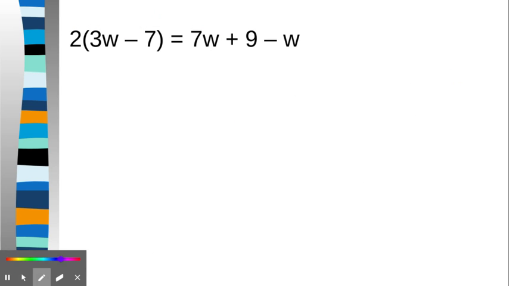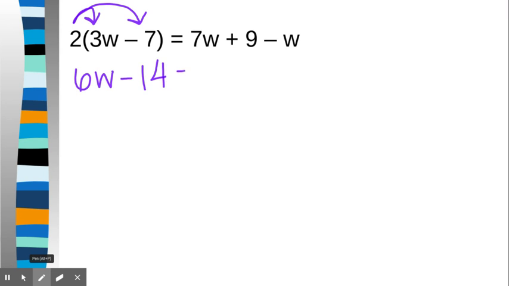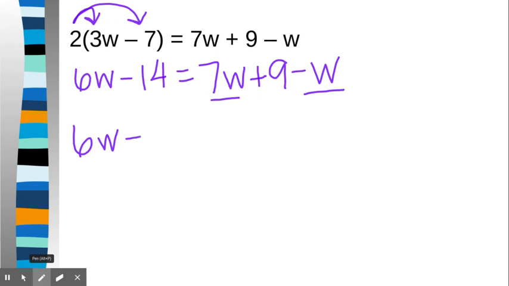Okay, again, I'm going to distribute the 2 to start. We get 6w minus 14 equals 7w plus 9 minus w. I have 2 w's on that right side, so I'm going to simplify that. And now I want to move my w's all on one side.